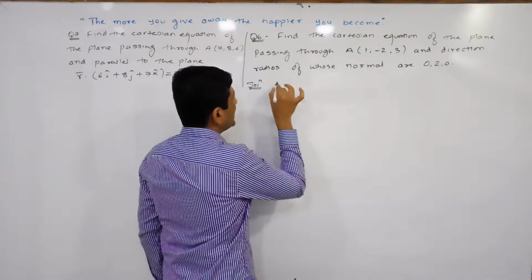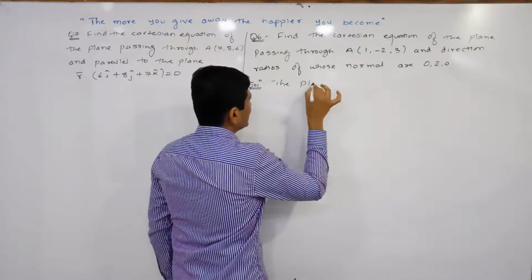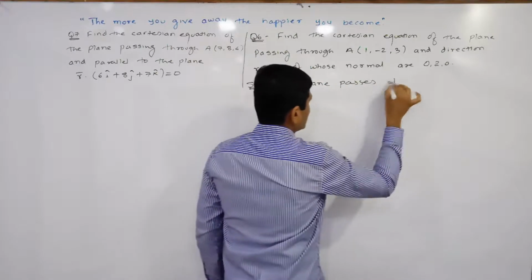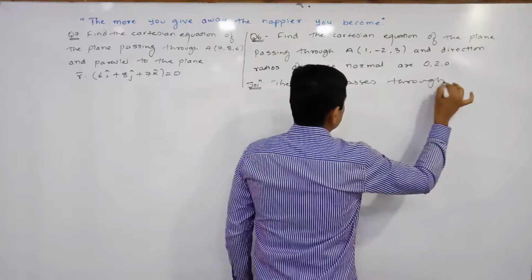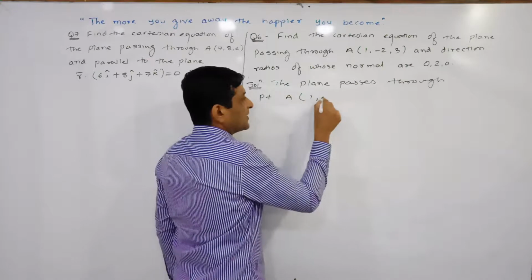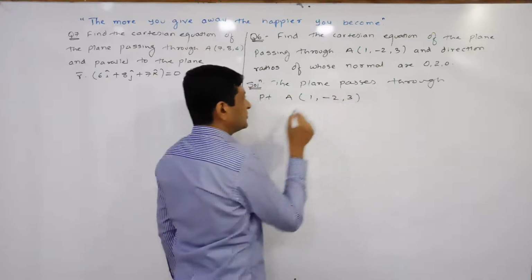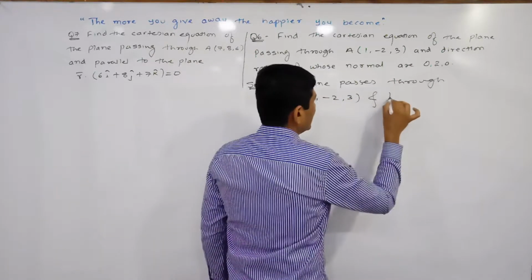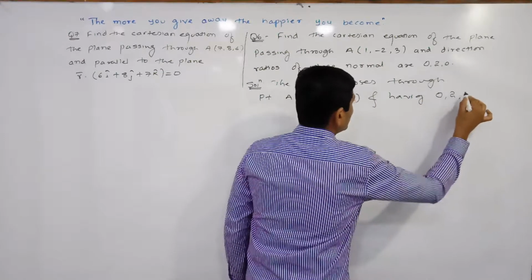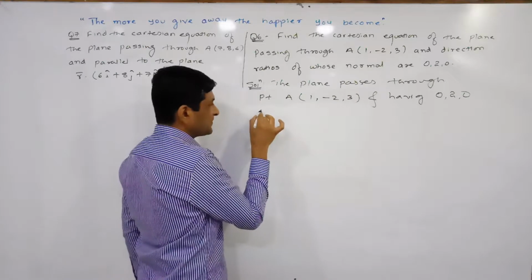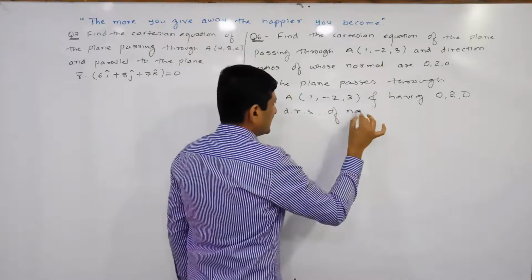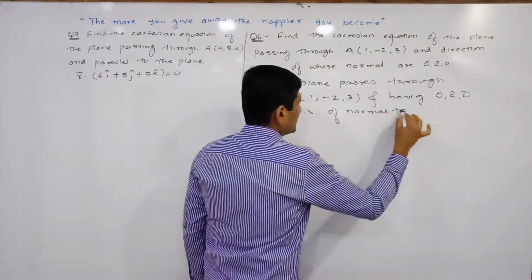So here the plane passes through the point, denoted by A, with coordinates 1, -2, 3, and having direction ratios 0, 2, 0 as the direction ratios of the normal to the plane.